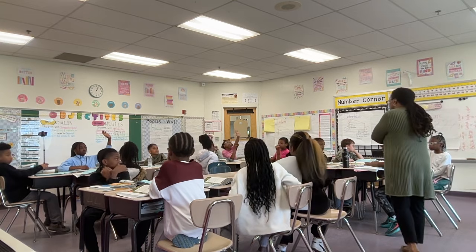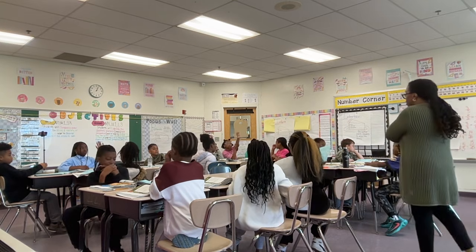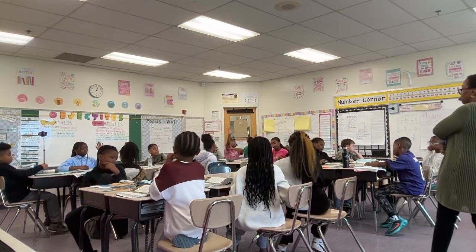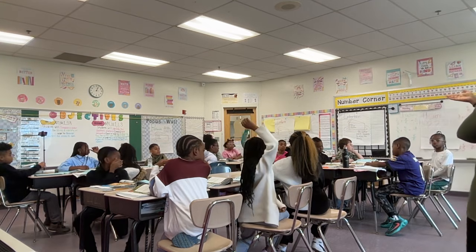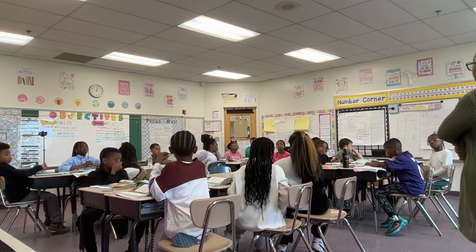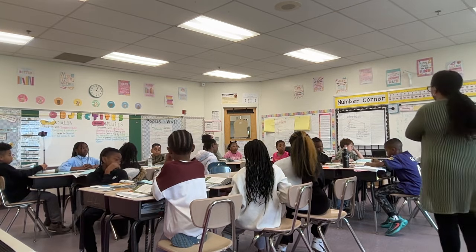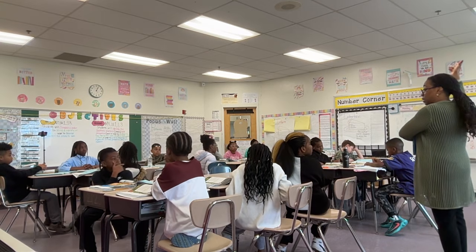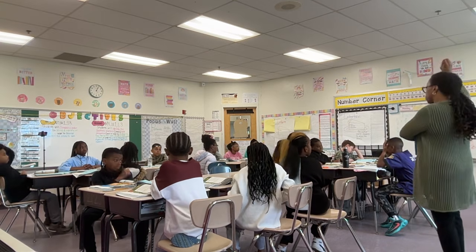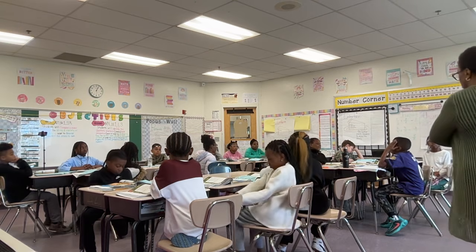Like, make sure it's the right answer. Okay. Peyton? It supports the claim, right? So we have a claim and it is supported by reason and evidence. All three of those work together to give you the author's purpose.